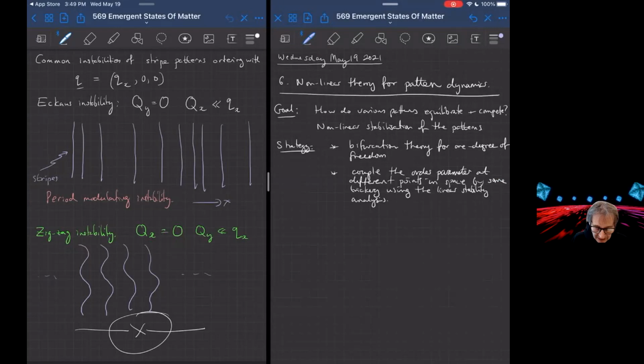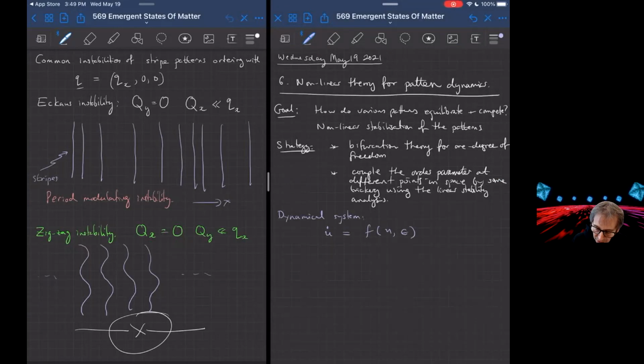Let's have a look then at, let's suppose we have a dynamical system with 1 degree of freedom, which in the present context we can think of as being a velocity or something that characterizes the convection. So we're going to say that the dynamics of that is given by some function of u and a control parameter epsilon.